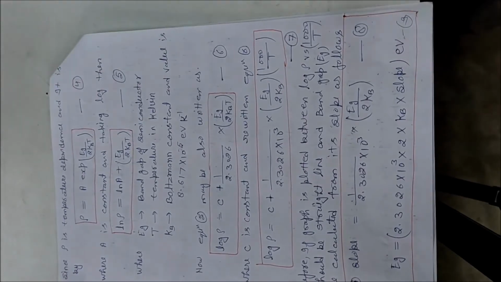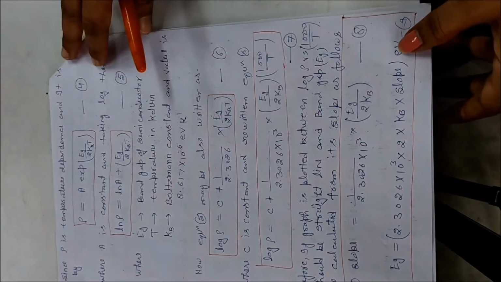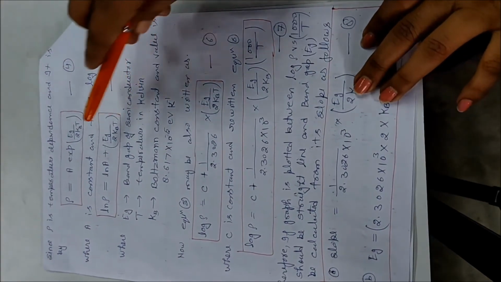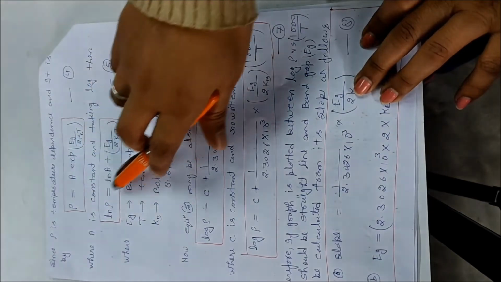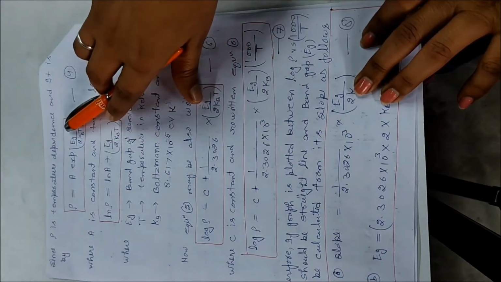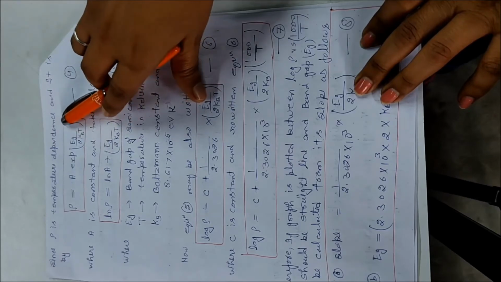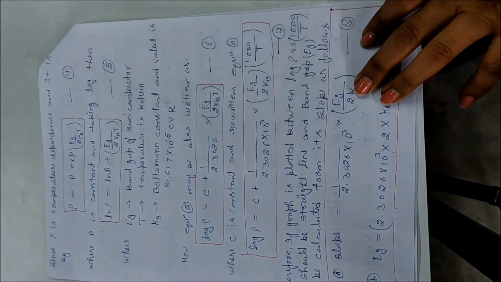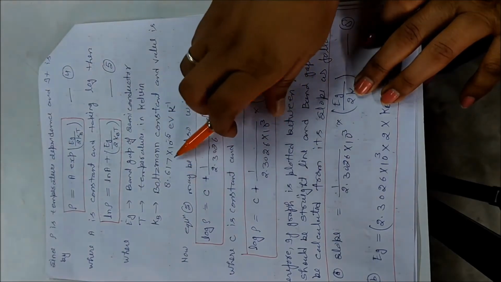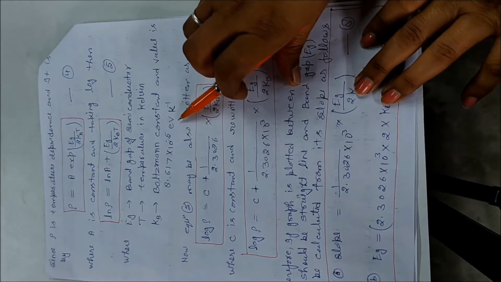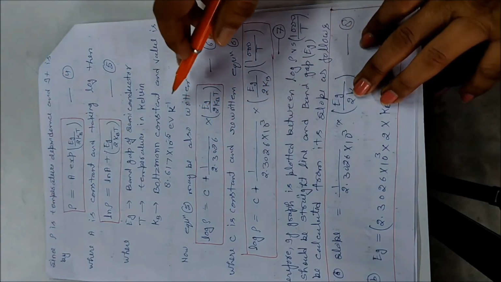Now, by using equation 3, since the resistivity of the material depends on the temperature, in terms of temperature it can be written in this manner: rho equals A exponential Eg upon 2 kBT, where Eg denotes the band gap and kB is the Boltzmann constant, whose value is 8.617 into 10 to the power minus 5 eV K inverse.